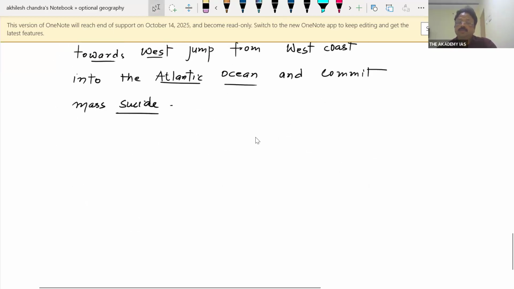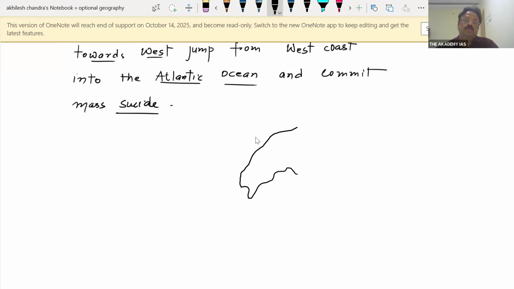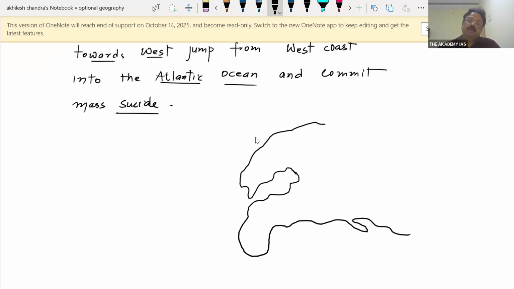And what was the condition thought to be? Like, this is a Scandinavian country, Norway, you know Norway. Here it is Europe. This is Mediterranean.